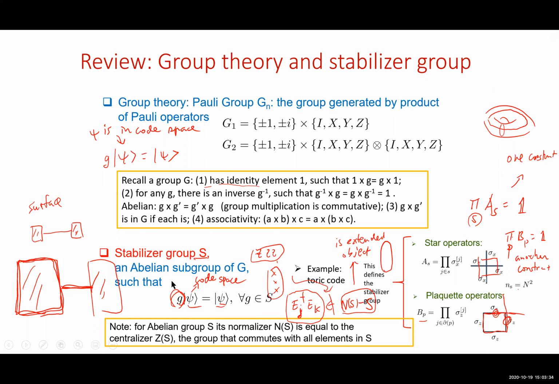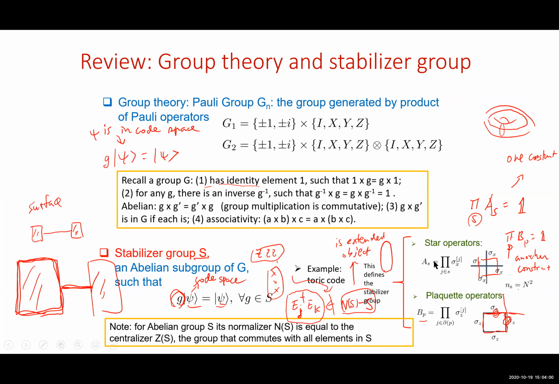Okay, so now I'm confused. All the single star and the single plaquette are stabilizer elements. When we say stabilizer, we generally say it's a group. AS is an element in that group, and BP is a group element, right?